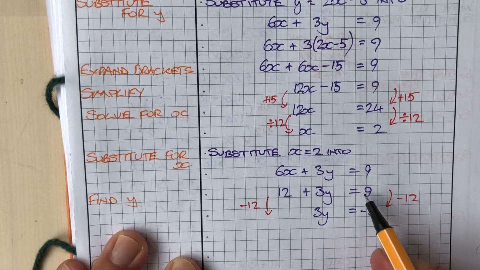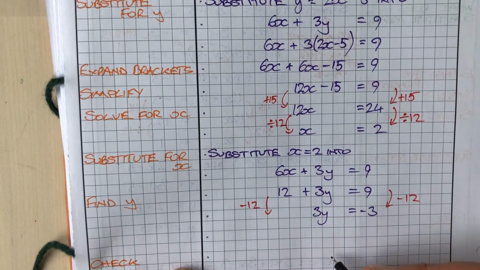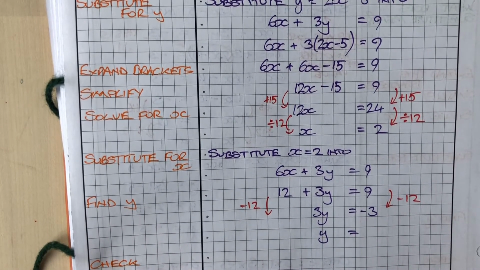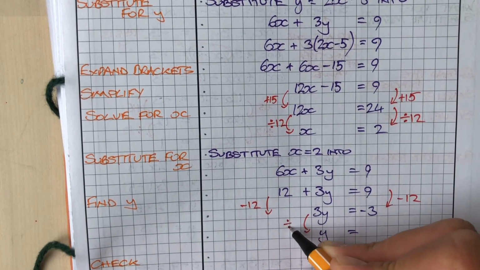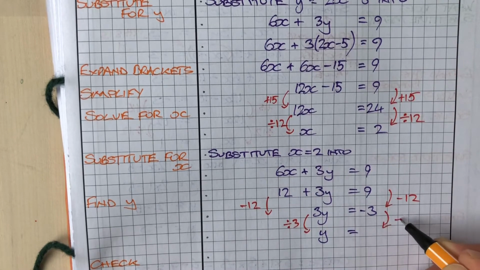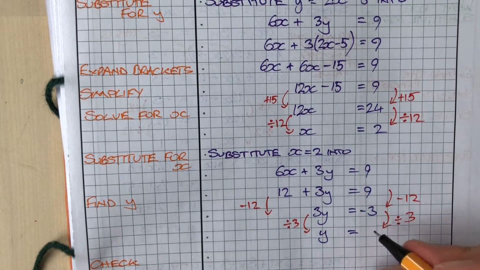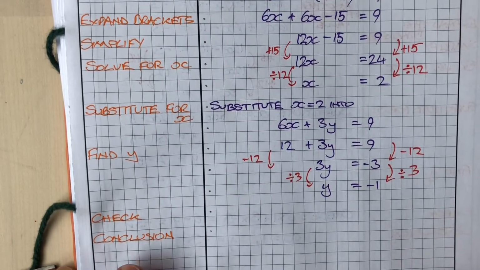Alternatively, you could go 12 take away 9 is 3, but call it negative. Right, this is 3 times by my number. Let's get my number on its own. How? Dividing by 3, both sides. y is -1.